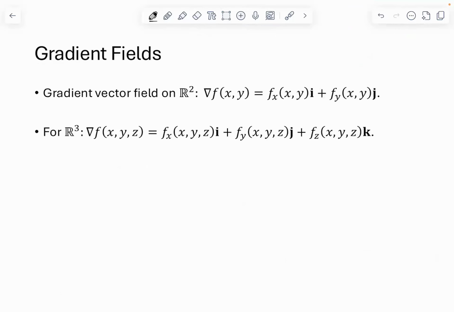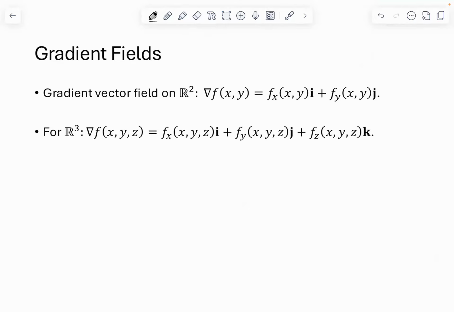We also have a special type of vector field, the gradient fields, and we already saw gradients, right? Only now we are going to slightly change the idea of them. For a gradient vector field in R2, for example, we have the gradient of f of x and y.